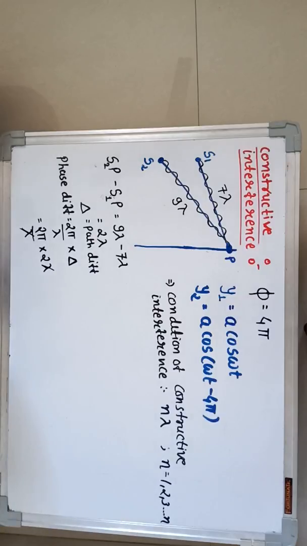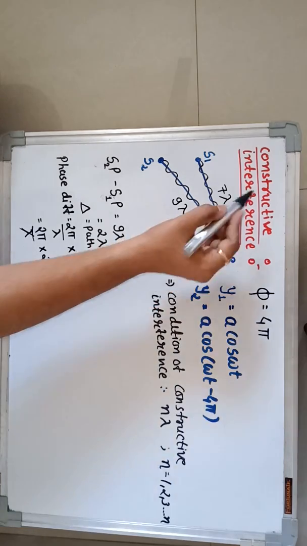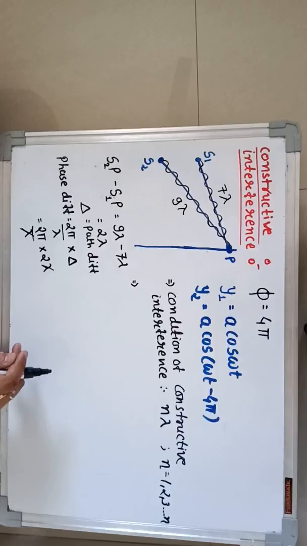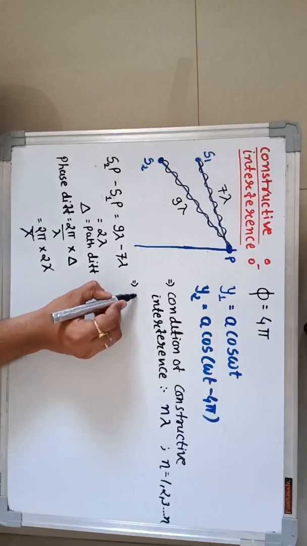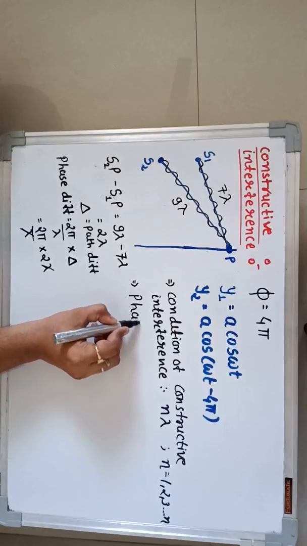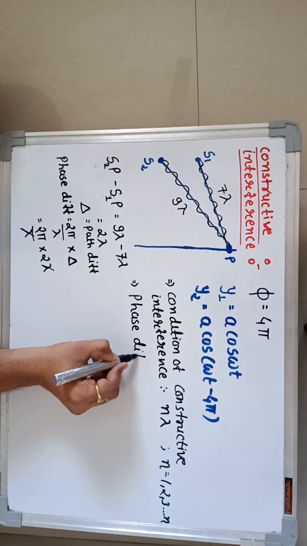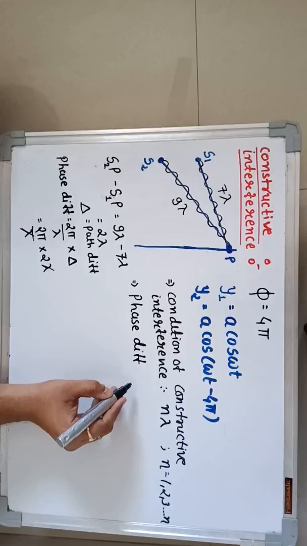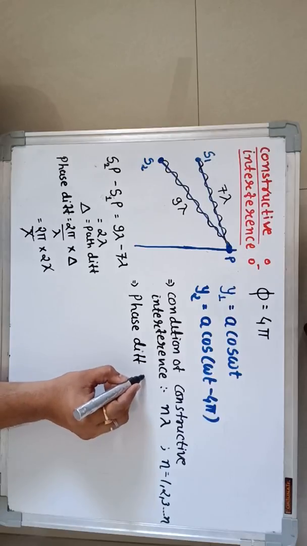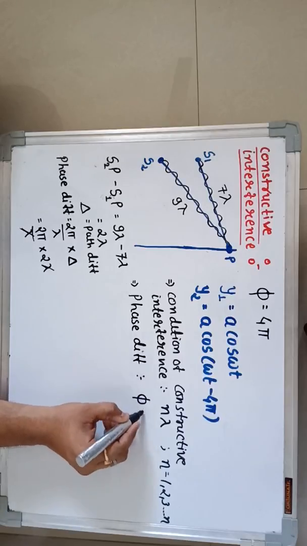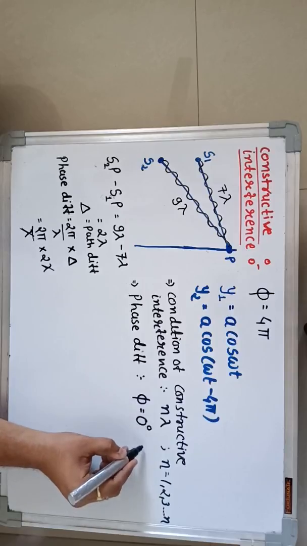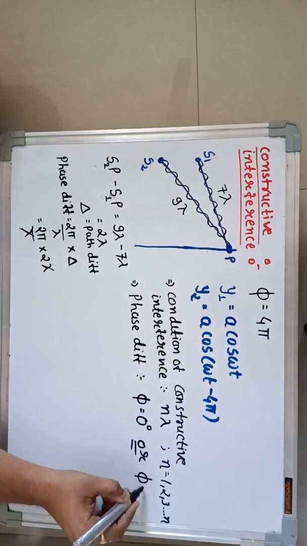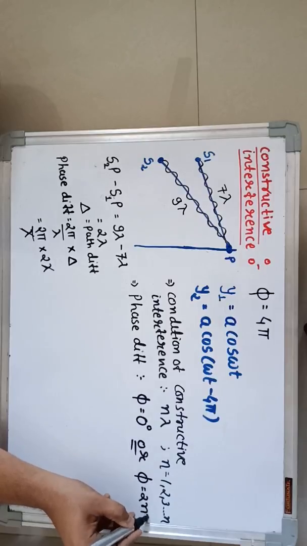So I write a sentence to understand constructive interference. We know the phase difference is 4 pi, but for phi equal to 0, and otherwise I can say it is phi is equal to 2n pi.